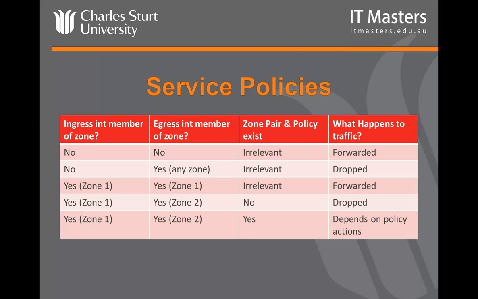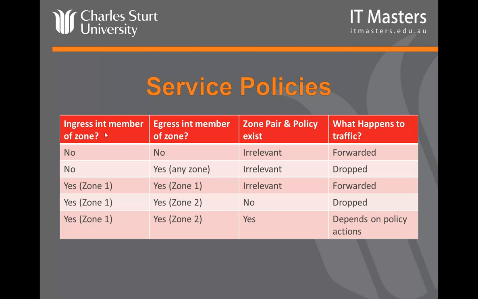When a router normally receives a packet, it will make a routing decision and then forward the packet on its way. If your zone-based firewalling is configured, the router may or may not forward the packet based on the stateful table and your policies that are in place. This table tells you what actions will happen.